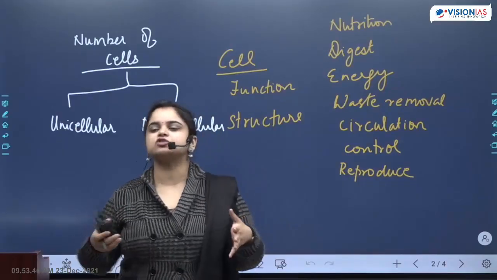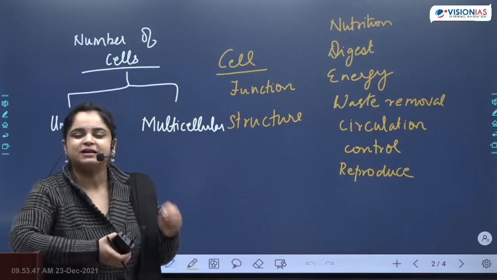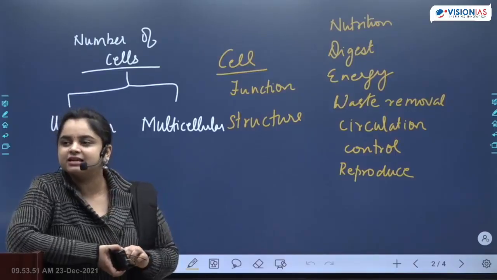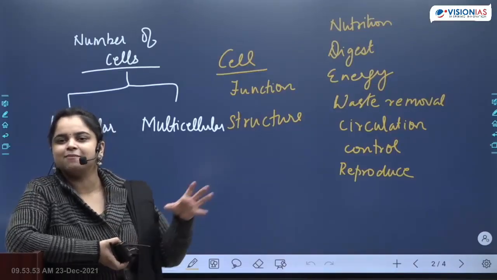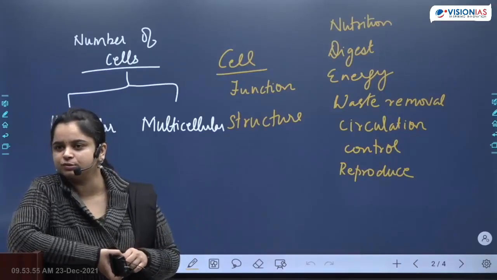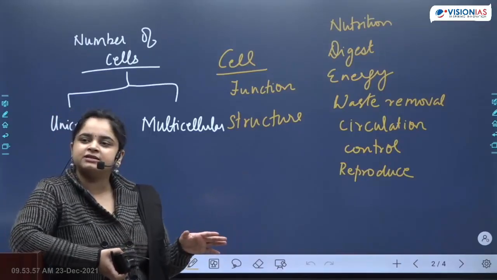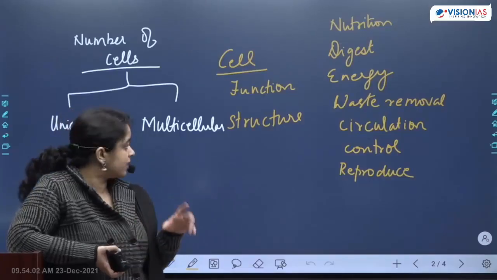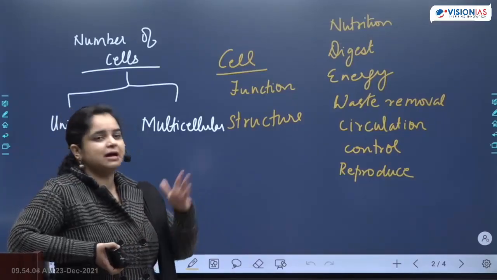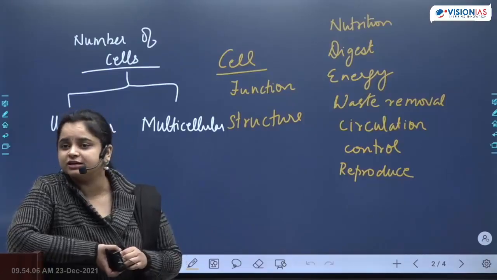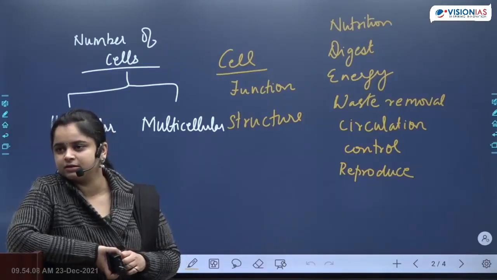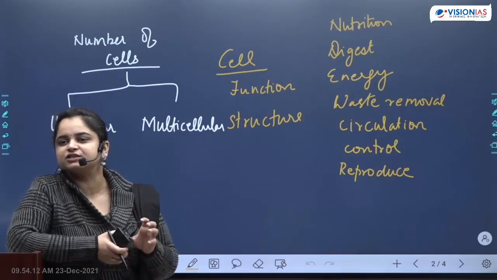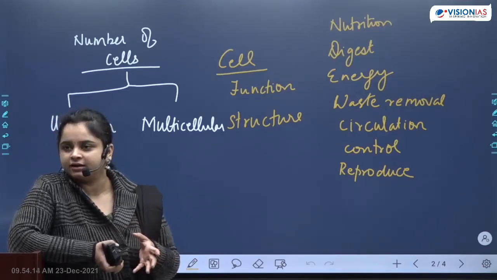Within the cells also we can have special areas to do these functions. That means in a particular cell, there can be one place where energy is being produced. There can be another place where things are being broken down. There can be another place where we can have some area which allows circulation or movement within the cell. So specific areas to do specialized functions are there.